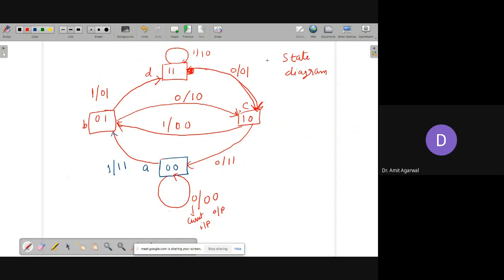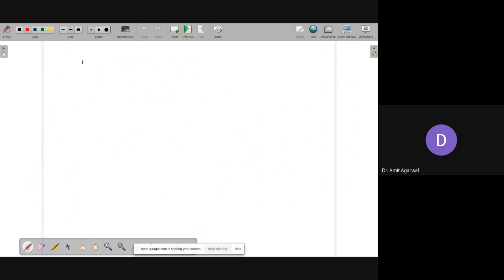Next, we also want to see how this state diagram changes as time passes. This is a snapshot for one time: if anybody says you are in state 0 and 1 comes, you will move to this. But to see how these states change with time, we use one more representation called the trellis diagram, which is the unfolding of the state diagram with time.